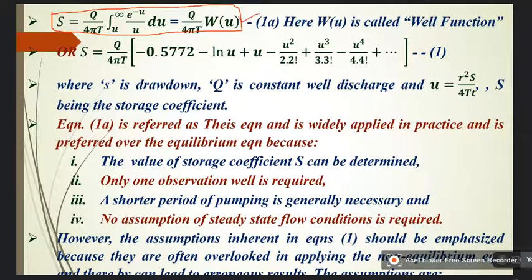From mathematical analogy, Theis has developed the solution for this equation: s is equal to Q by 4 pi T times the integral, with some dummy parameter u varying from u to infinity, of e to the power of minus u by u du.